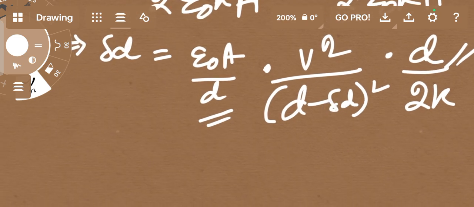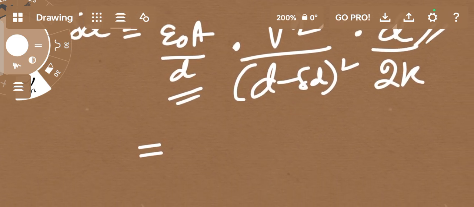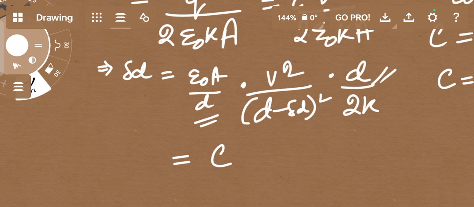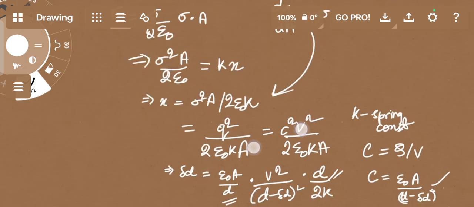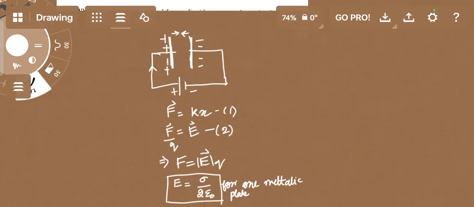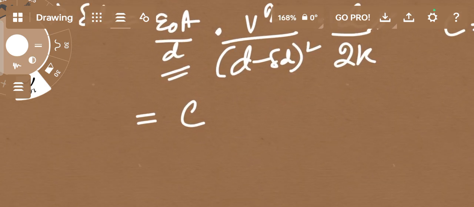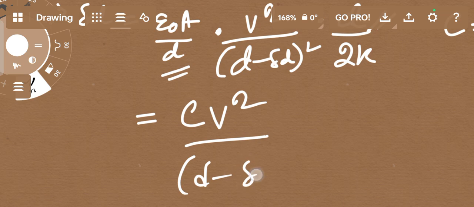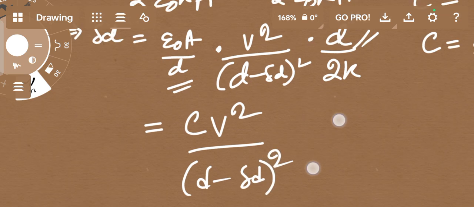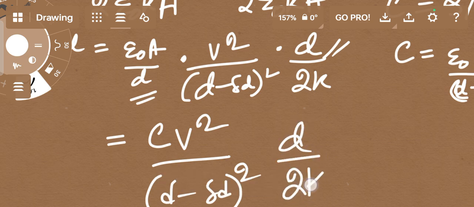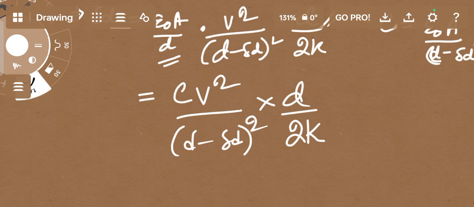So this epsilon 0 A by d is again giving us capacitance, just to bring back the capacitance, because it is in the final form in the options, that's why we need it. And V square we have by (d minus del d) square into d by 2k. Okay, this is the final form.